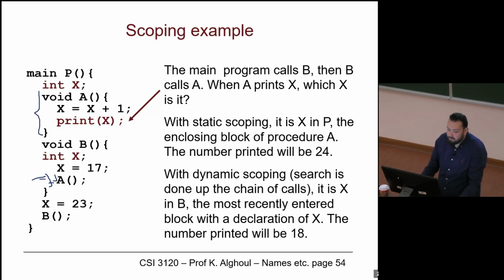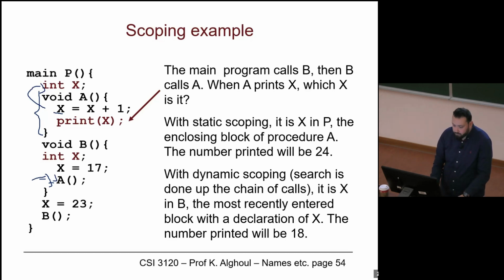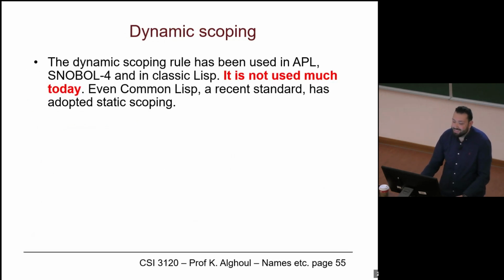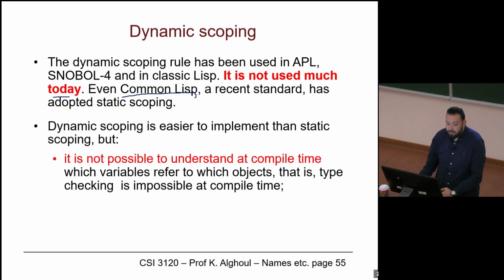So this is the static. What is global for this is this one. Do you see that's the difference? So actually what you're saying is more like the dynamic way. Dynamic, as we said, is not used much today. Even Common Lisp, which used to use dynamic scoping, is switching to static scoping. Now, dynamic scoping is easier to implement, as we said, because you're just following the function calls, but it's not possible to understand at compile time.